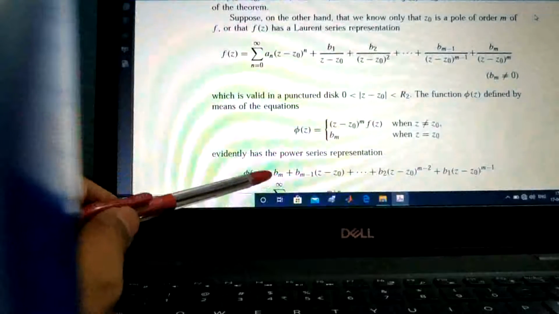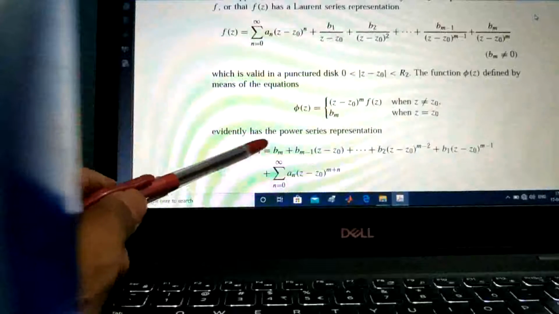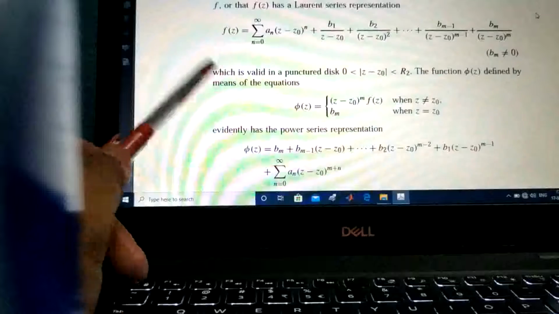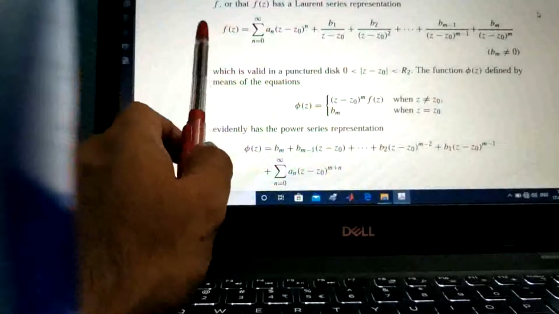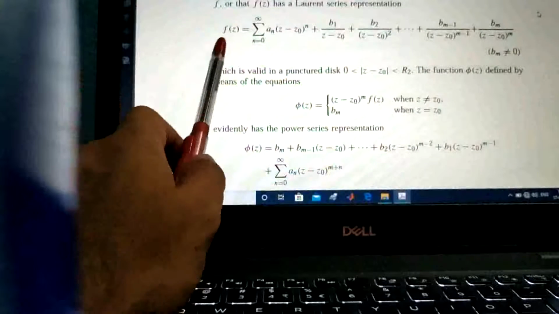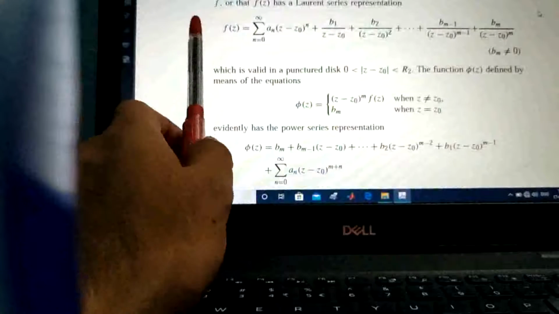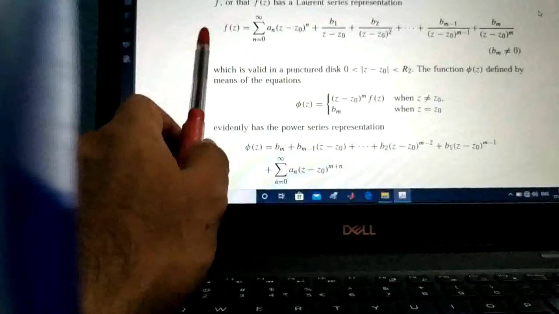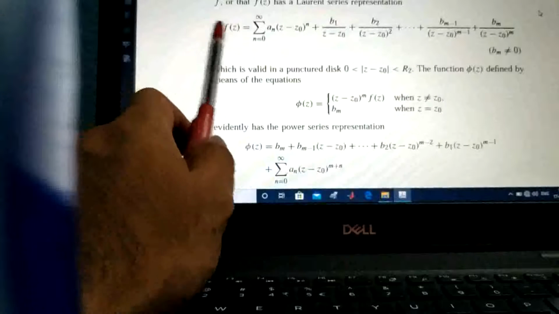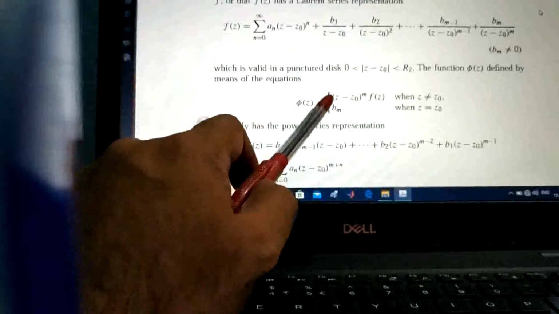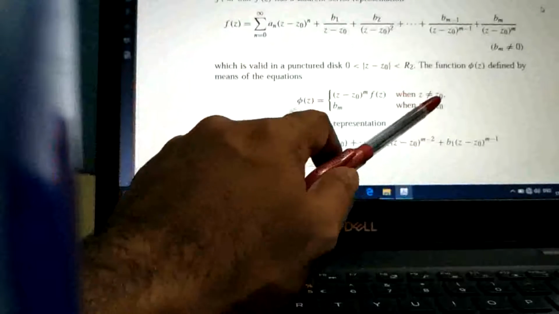So this has a power series representation. In the book it is written. I will explain why it is written here. Let us multiply z minus z naught whole to the power m on both sides of this assumption. Multiply it here, which equals phi of z for z not equals to z naught.